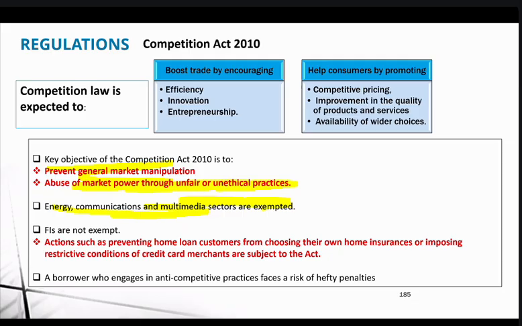Yes or no? The answer is no. FIs are not exempted. For example, if you have an RHB housing loan, you cannot be forced to accept Tokio Marine Insurance before you can draw down. You're not allowed to do that.